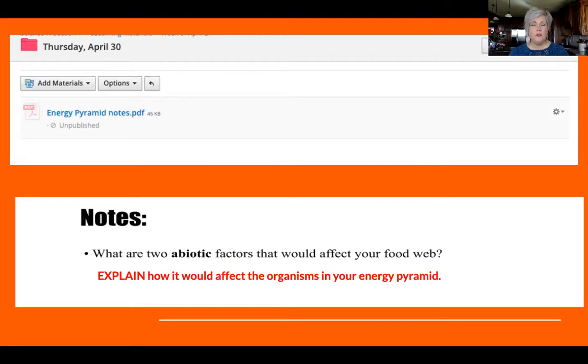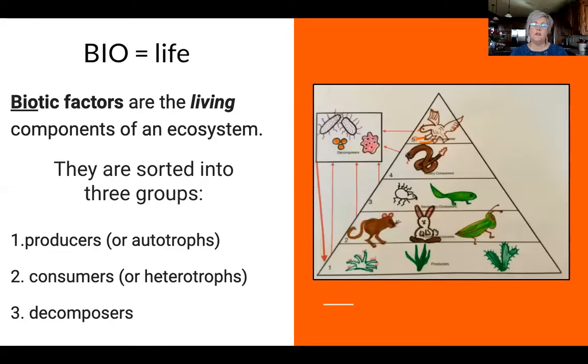Today, the very first question is, what are two abiotic factors that would affect your food web? What I mean by that is, explain how two abiotic factors would affect the organisms in the food pyramid that you created. You're going to have to tell me two. Let me first give you the definitions.